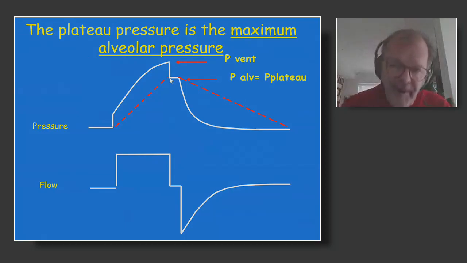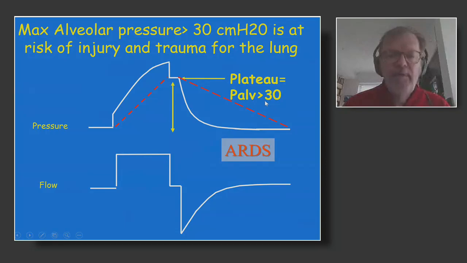So the plateau pressure is a direct measurement of the maximum alveolar pressure during insufflation. And we know that when the plateau pressure is above 30 centimeters of water, the ventilation puts the lung at risk of injury and barotrauma. And of course, this plateau pressure can be high because the driving pressure is high, or because the PEEP is high.